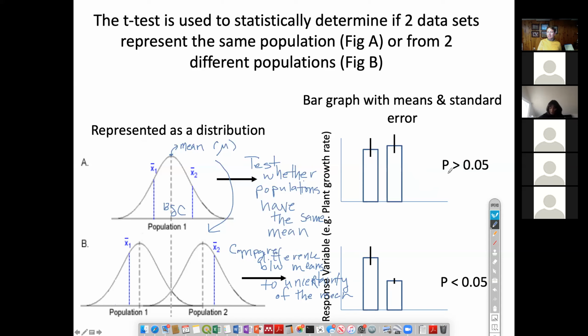All right, so as an example, this shows two populations. Say this here, you're going to make bar graphs just like this. And this is delta C13 for a drought year. And this is delta C13 for a dry year.